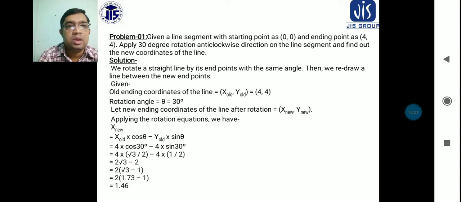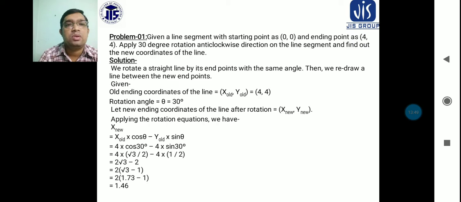Applying the rotation equations, x new equals x old cos theta minus y old sin theta.